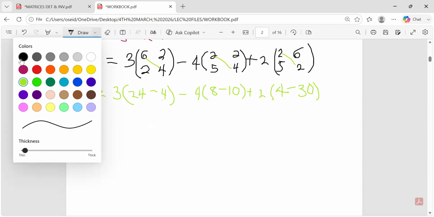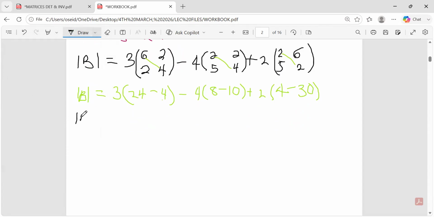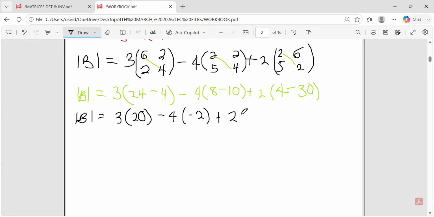So we say that B will be equal to 3 brackets 24 minus 4 is 20, minus 4 brackets 8 minus 10 will give us negative 2, plus 2 bracket 4 minus 30 will give us what? Negative 26.